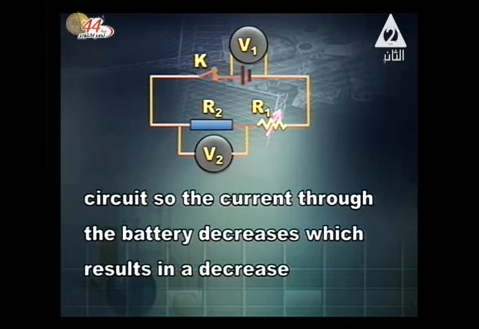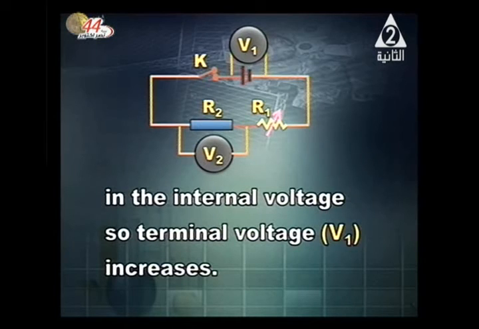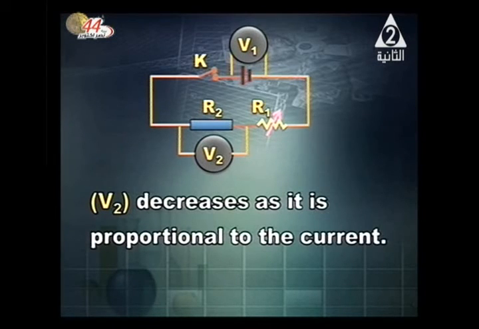So the terminal voltage, denoted by V1, increases. And what about V2? V2 is the product of the current and R2. R2 is constant. What happened to the current? The current decreased, so V2 decreases, as it is proportional to the current.